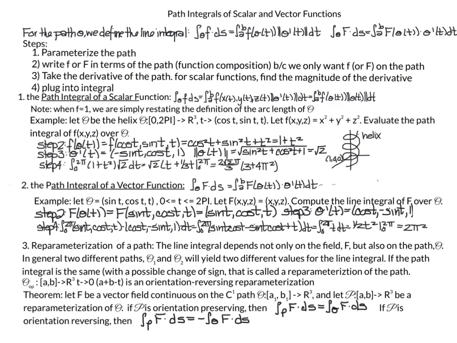Before we go on, I do want to say something about notation. Here in my ds, this should be a lowercase s. I tried to make it look like a lowercase, and it's important because later when we do surface integrals, those will be designated with a capital S. Capital S for surface, lowercase s for these path line integrals. So it's important you notice that, because if you don't, you'll be calculating the wrong integral.